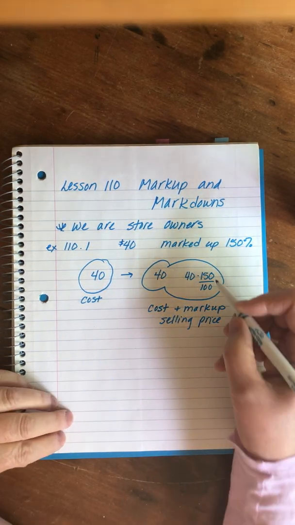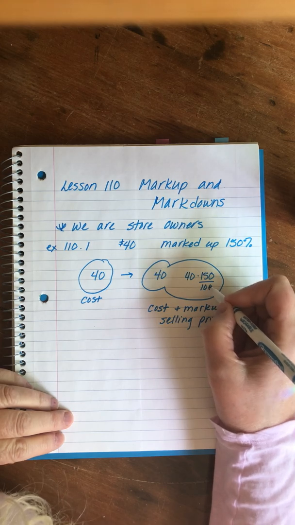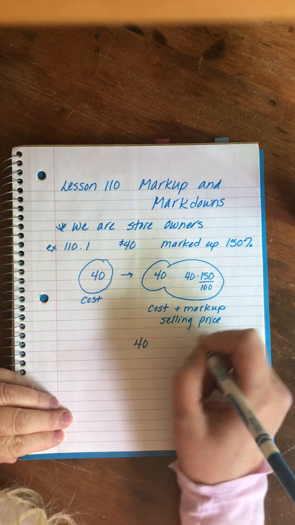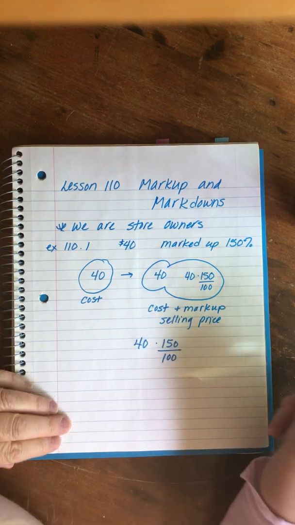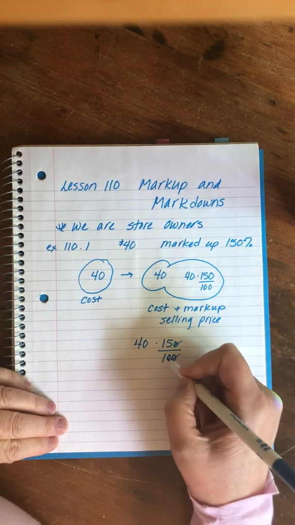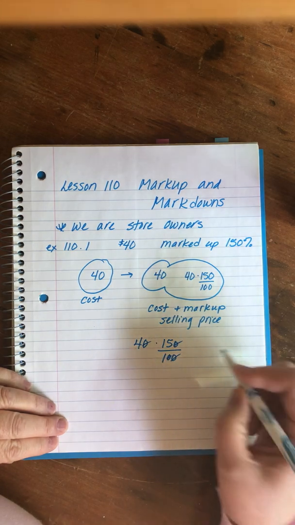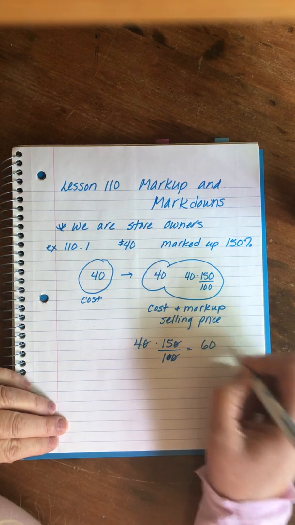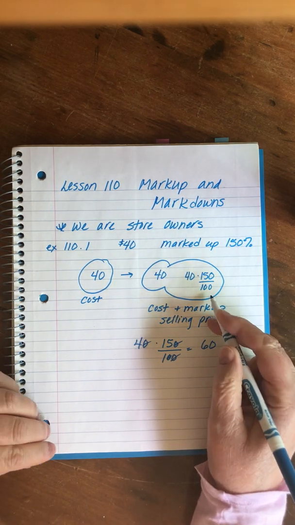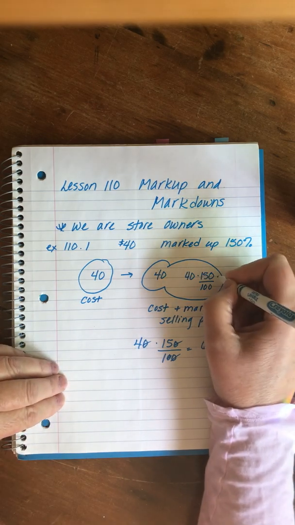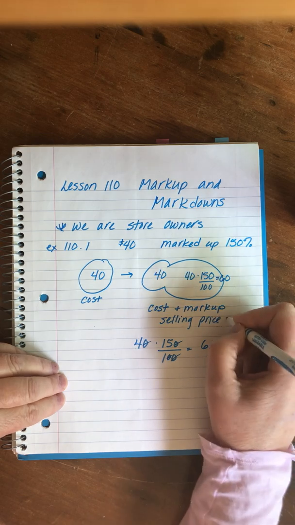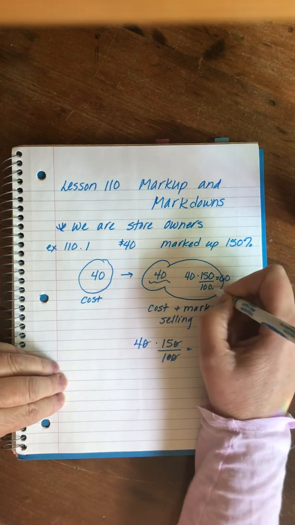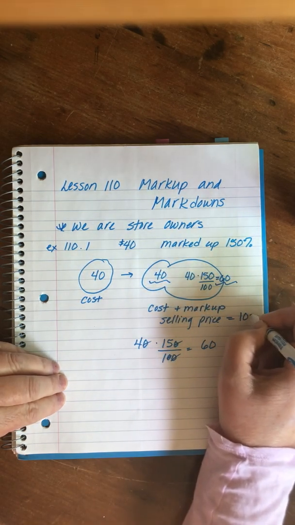Let me do the math out here so I don't make a big mess in there. Cancel those two zeros, cancel those two zeros. So the markup is $60. So the selling price equals the original cost plus the markup for $100.